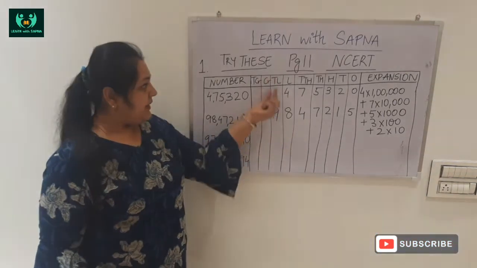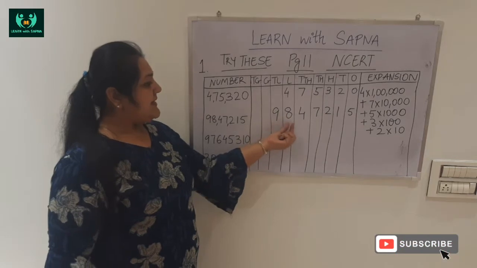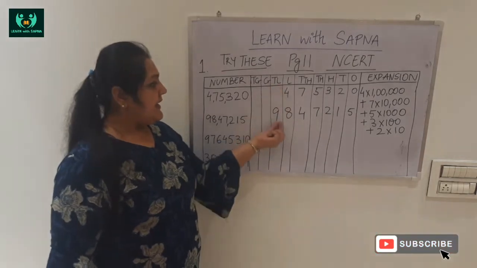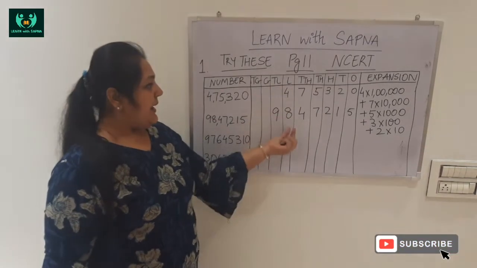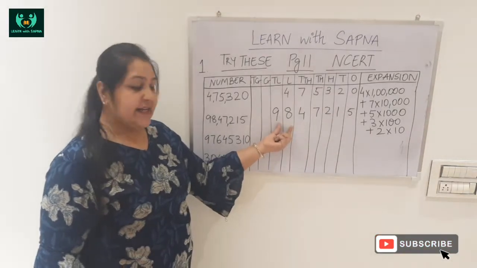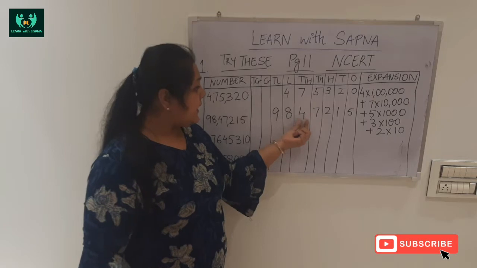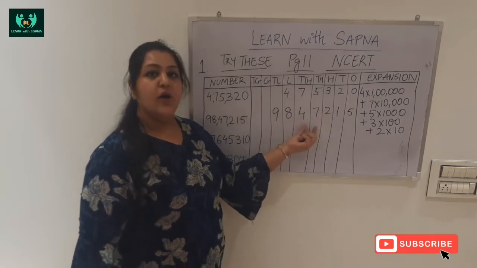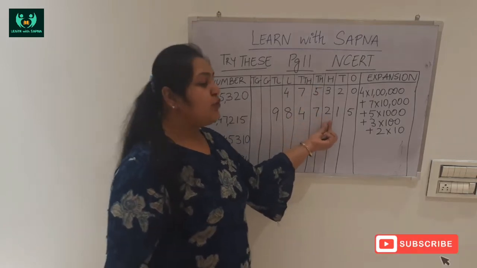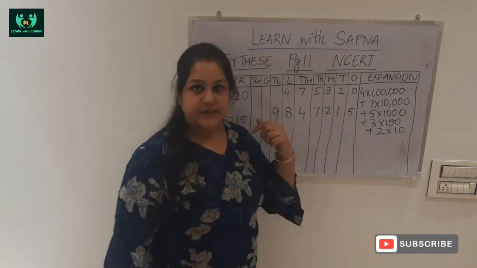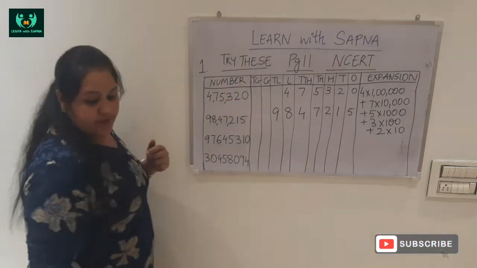There are two digits for lakh, 90 and 8. This is 10 lakh, so this becomes 90 and 8. So 98 lakh 47,000, again 4 at the 10,000 and 7 at the 1,000. 47,250. That is how we read this.